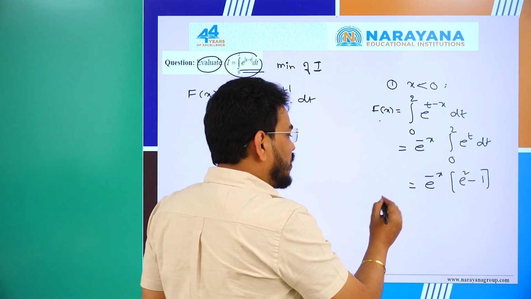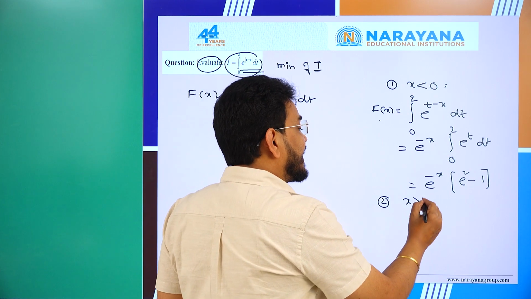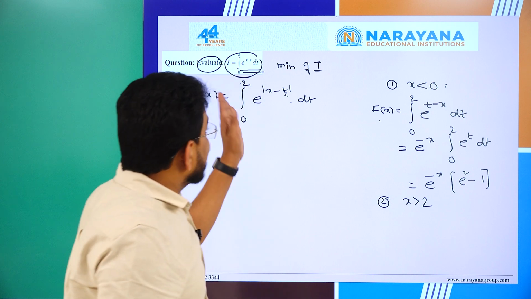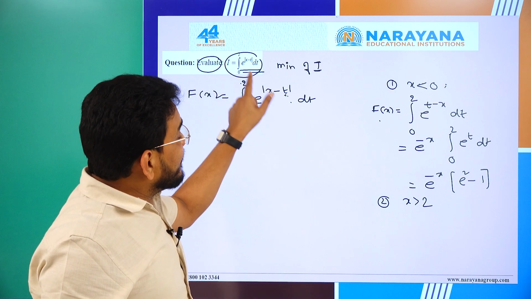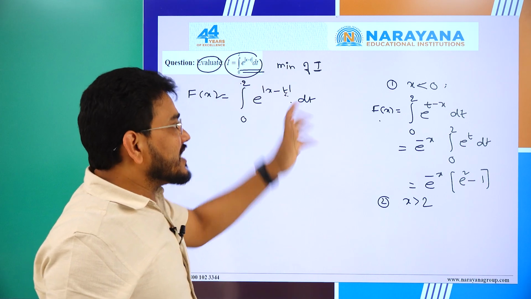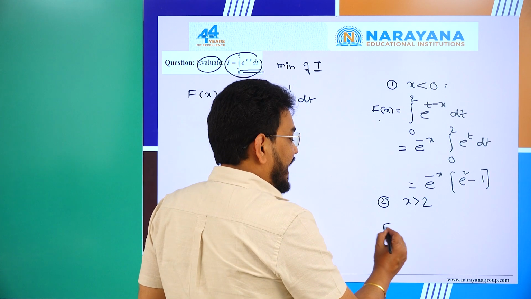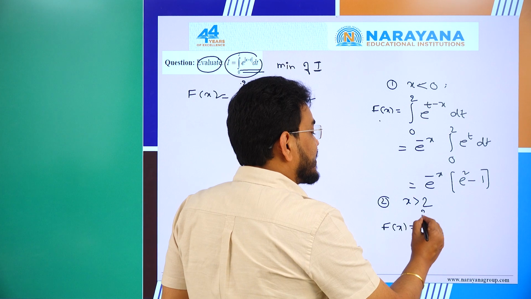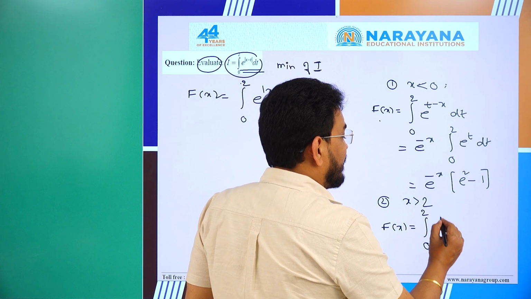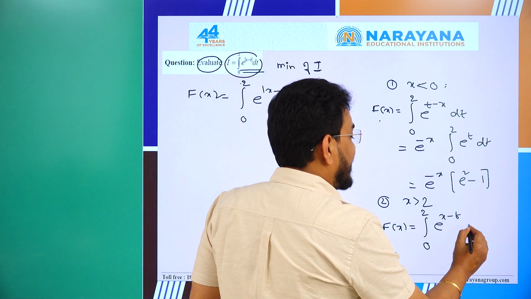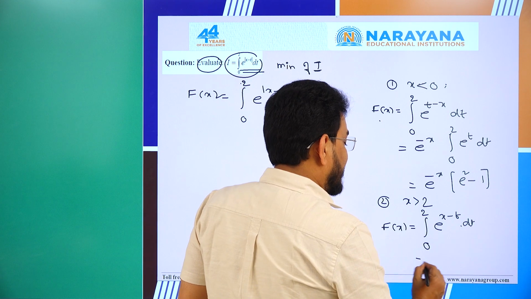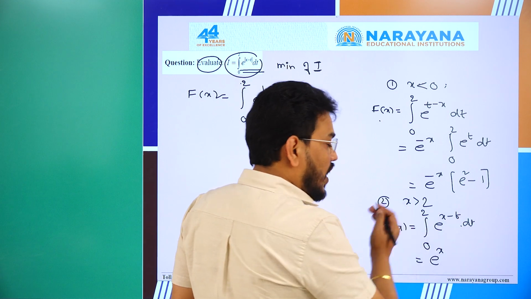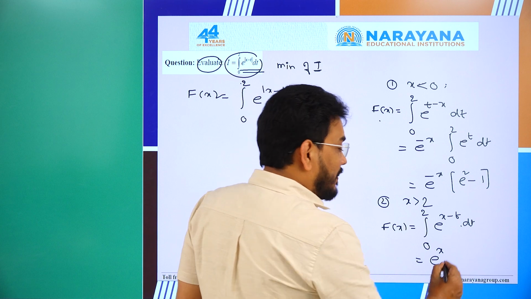Next case what I will do is x is greater than 2. So x will be greater than 2 means x minus t is always positive. In that case f of x is equal to integral 0 to 2 e power x minus t dt, which is equal to e power x outside integral of e power minus t.